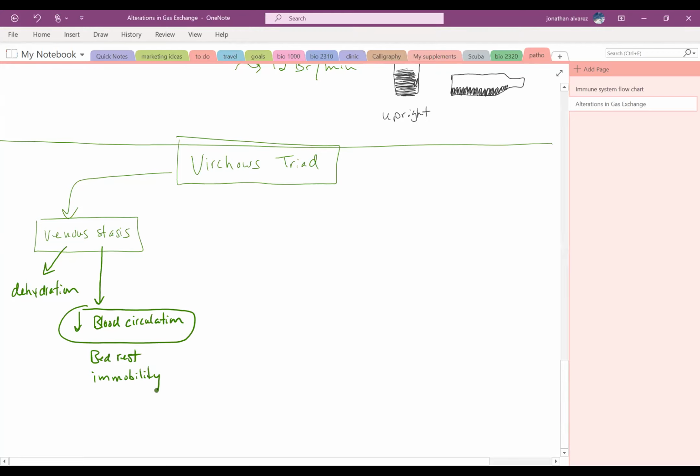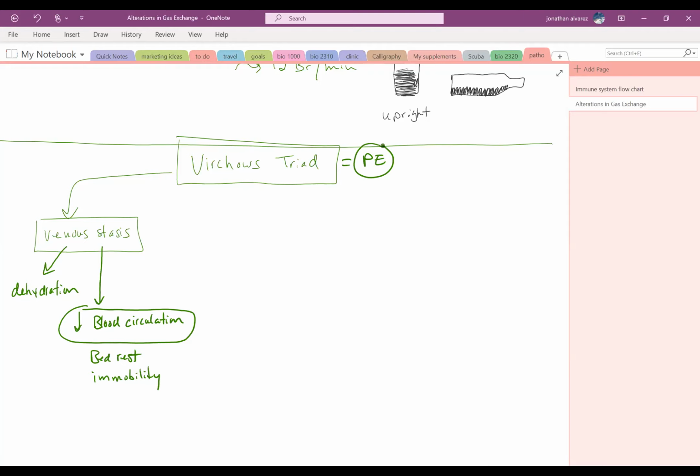This decreases circulation, which will affect pulmonary. Oh, by the way, this is pulmonary embolism stuff. So Virchow's triad has to do with risk factors for pulmonary embolism.